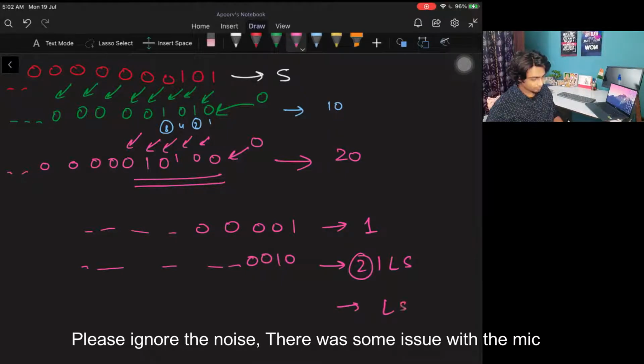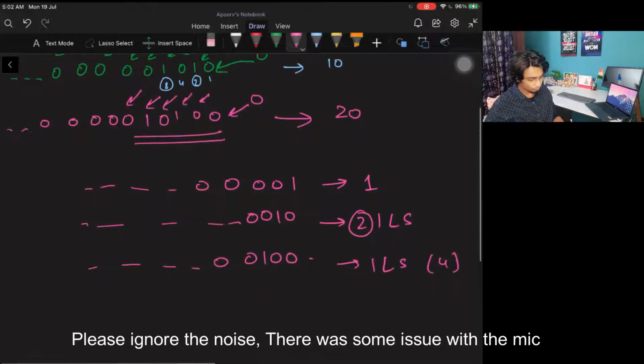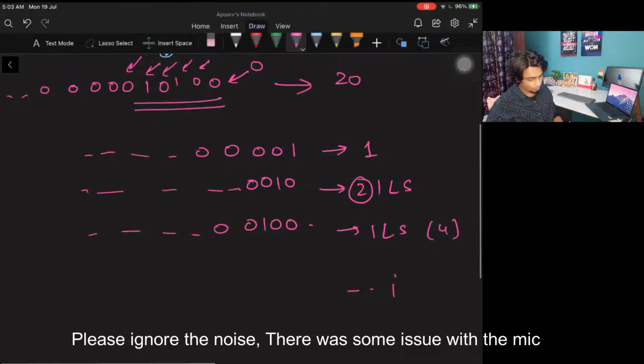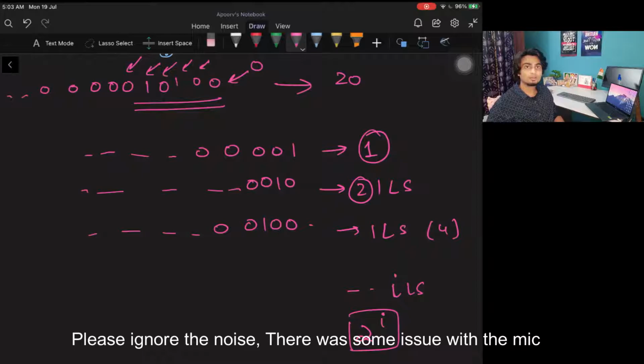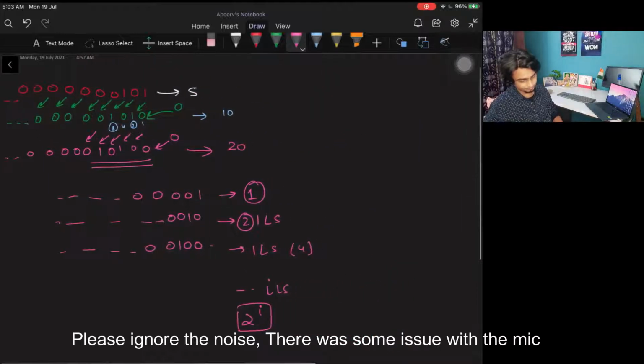One more left shift, let's say we do, this number will become 4. So what if I do I left shifts to this number 1? It will become 2 to the power I. Or you can say if you are doing a left shift for any number, it will get multiplied by 2 to the power I, right?